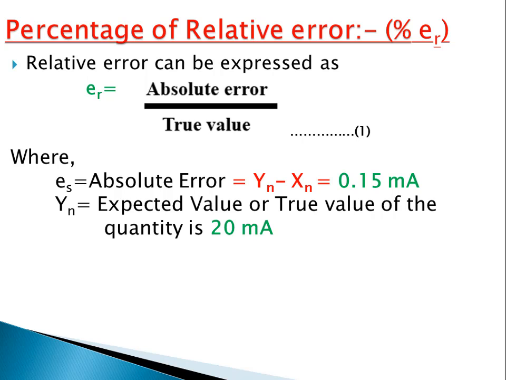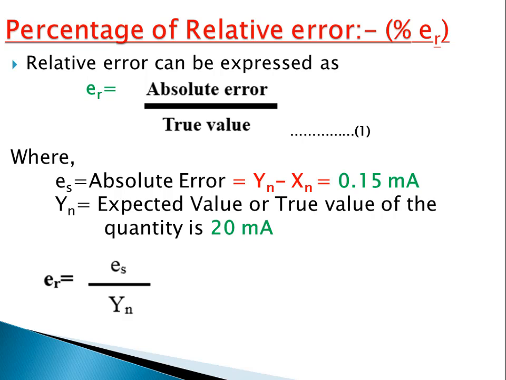Similarly, true value or expected value is denoted as Yn, and the value of Yn is 20 milliamps. So after substitution of the given parameters in equation number 1, er = es / Yn.